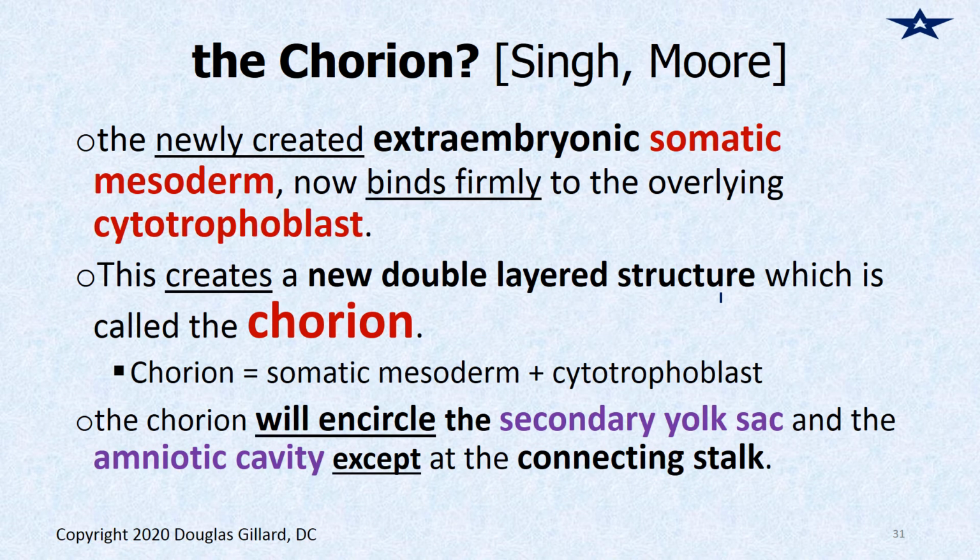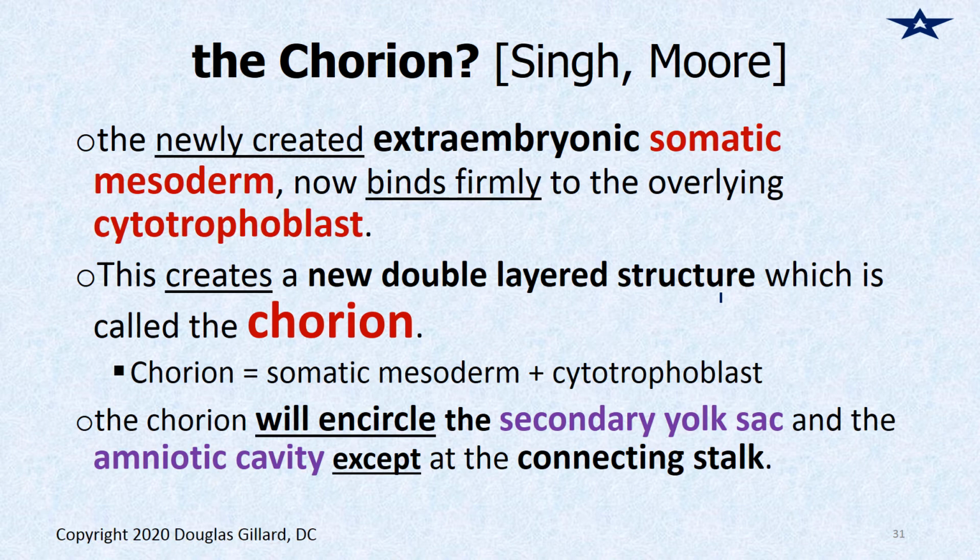All right, what is the chorion anyway? So that's another concept, that high yield board question you should know. It's basically, chorion is born after you create the extraembryonic somatic mesoderm, or that outer layer, that AKA would be the parent, the parietal mesoderm.